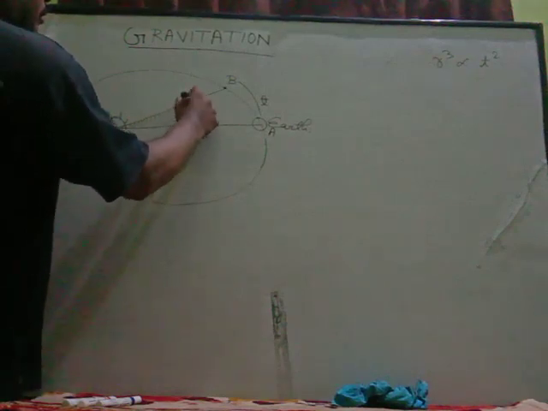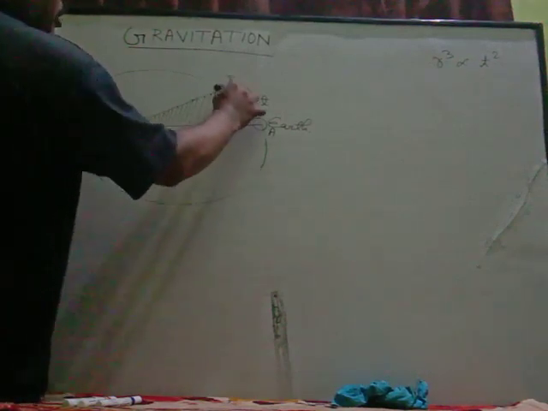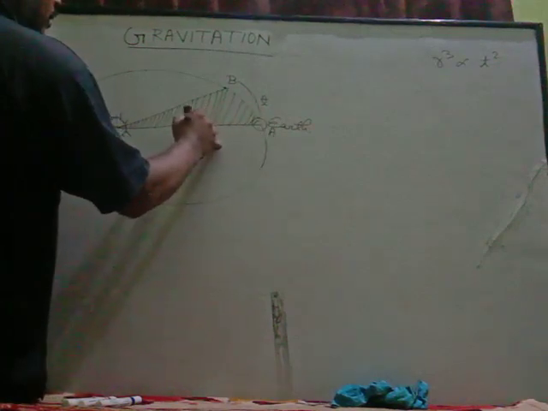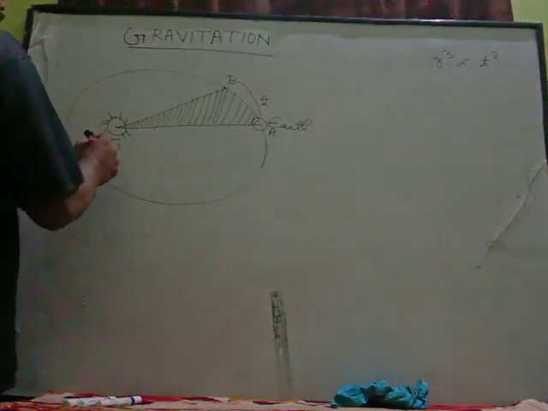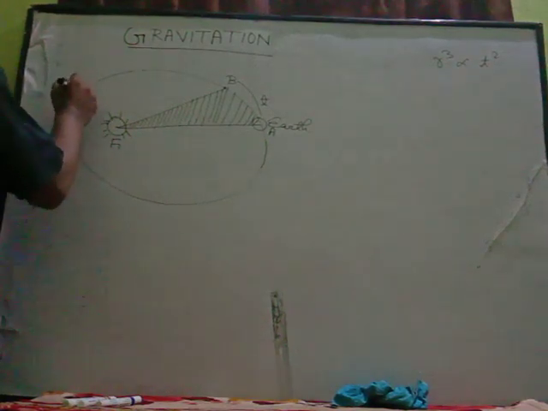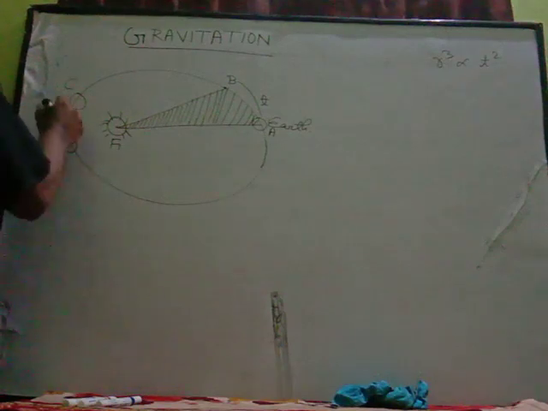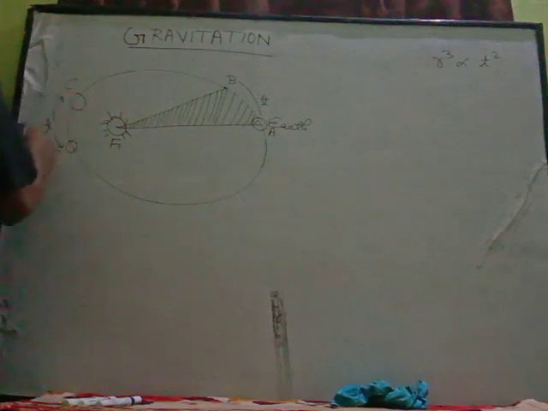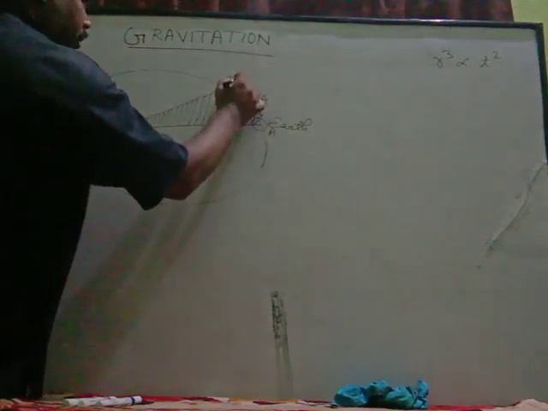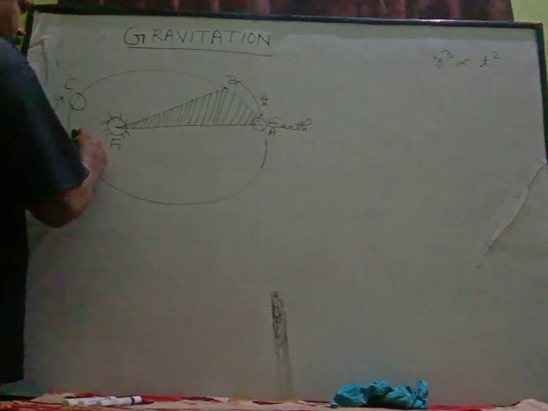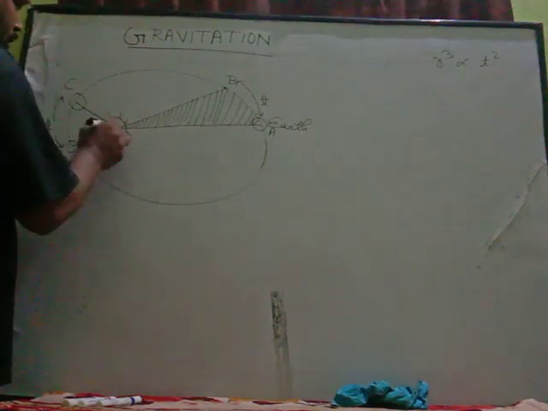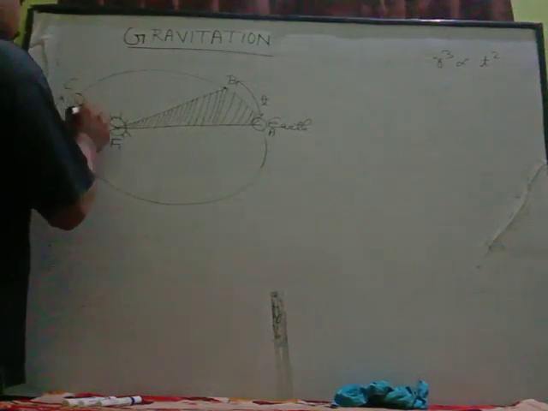Area swept by the earth going from A to B will be equal, if it comes in the same interval of time from C to D, then this area will also be equal.